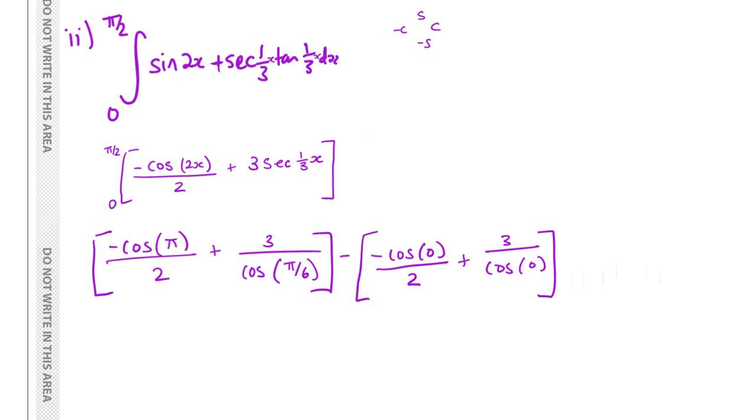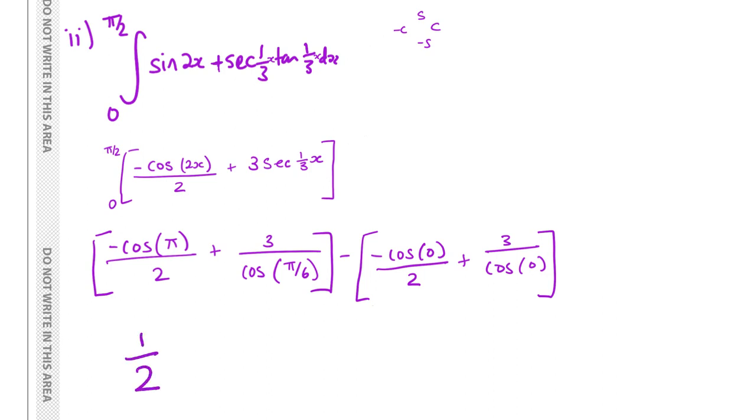First of all, I'm going to make sure my calculator's in radians: angle, unit, radians. So cos, shift pi, is minus 1. Times that by minus is plus 1, divided by 2 is a half. So this becomes a half.